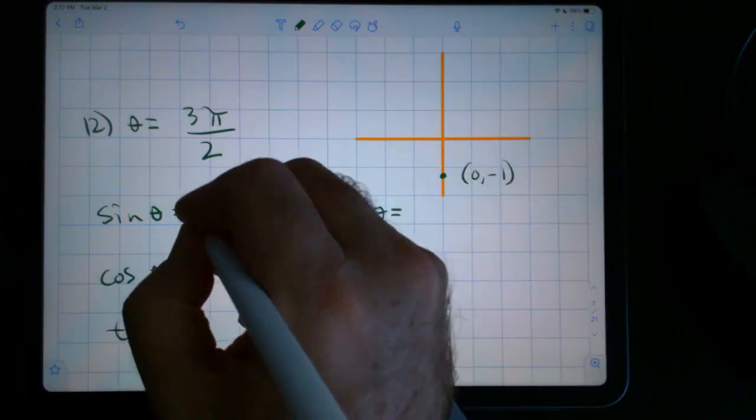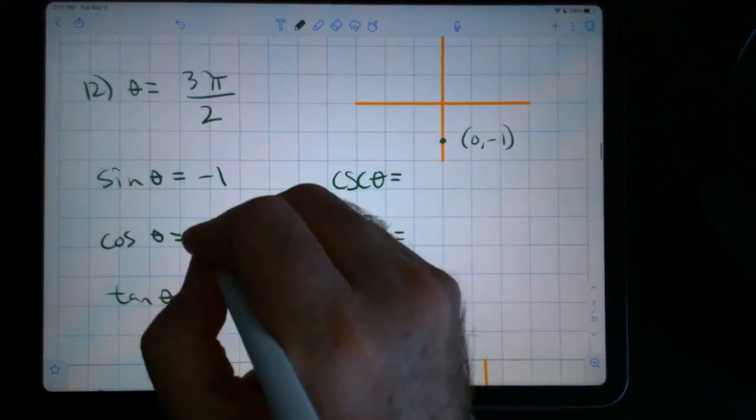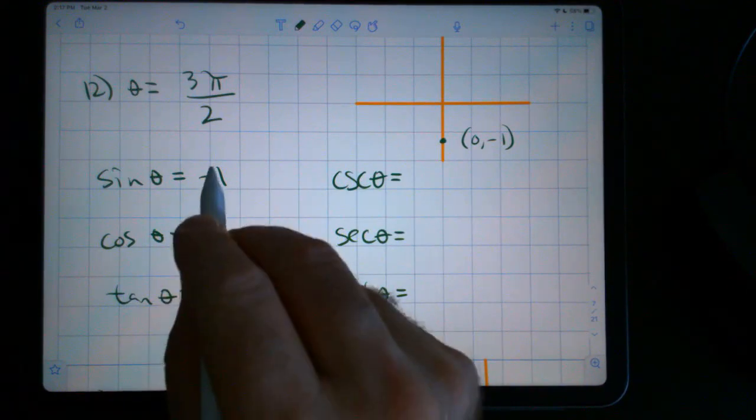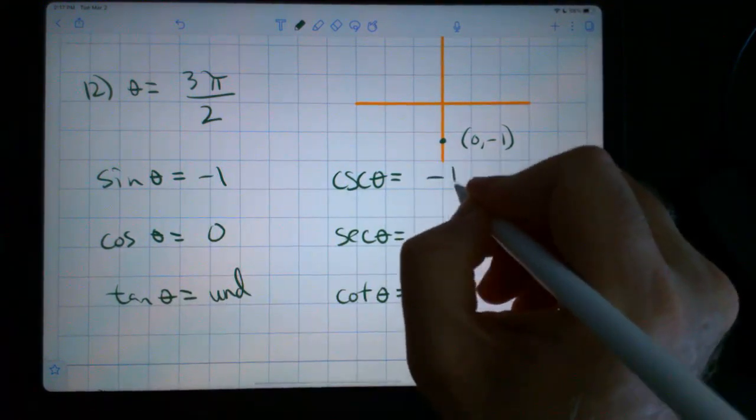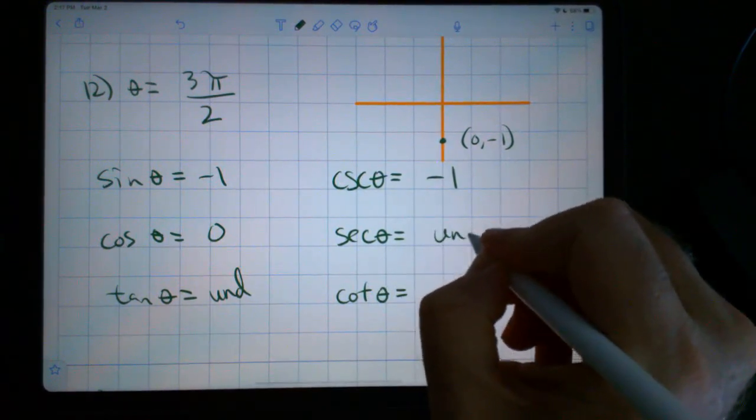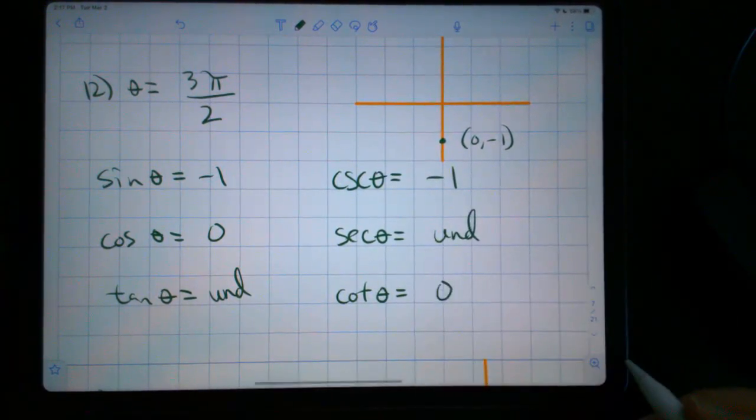So sine is your y, negative 1. Cosine is your x, 0. Then we have sine over cosine. Inverse of sine. Inverse of this is undefined. And inverse of this is 0.